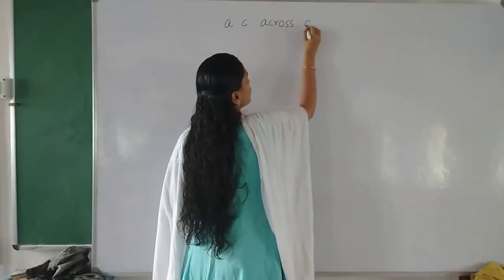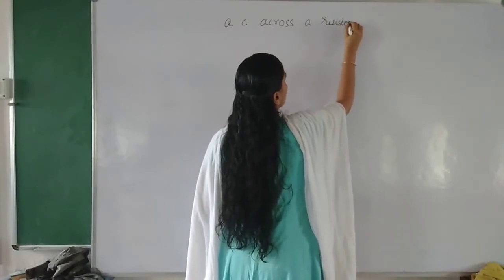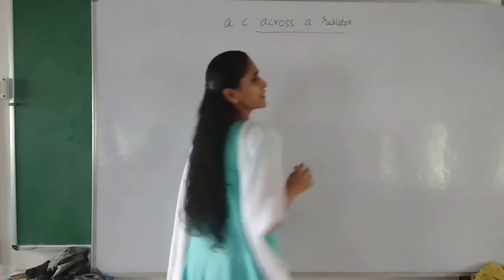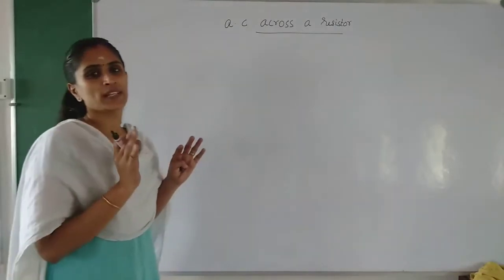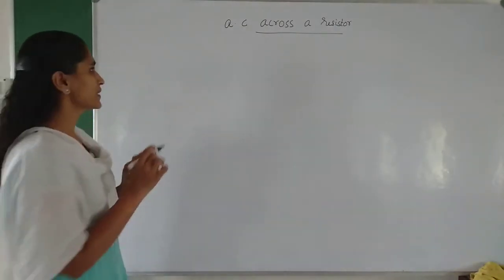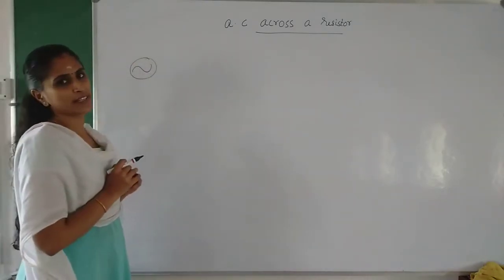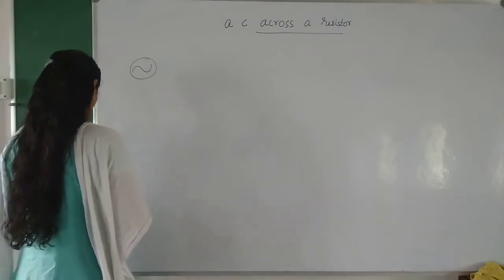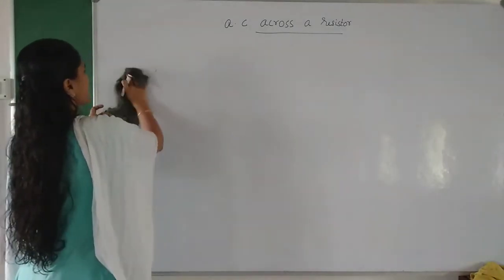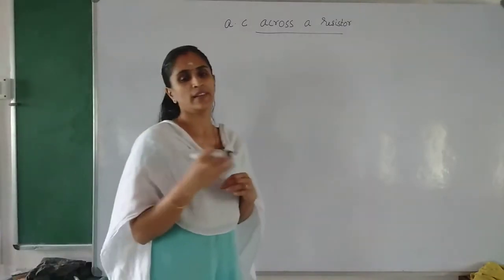How is AC voltage represented? AC voltage is represented like this. So if AC voltage is applied across a resistor, what is the relation between current and voltage?